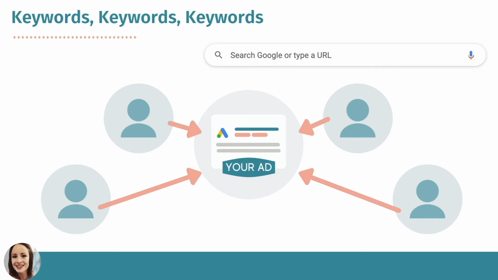We don't really want people that are searching for things that aren't really related to your service. And there can be these little areas that make your ad populate, and you don't want to waste that click and that spend. So we want to make sure that we are populating right in front of your audience when they are searching for you.